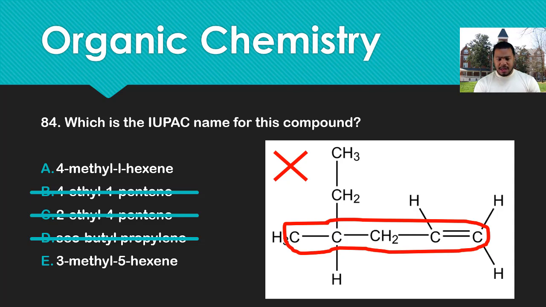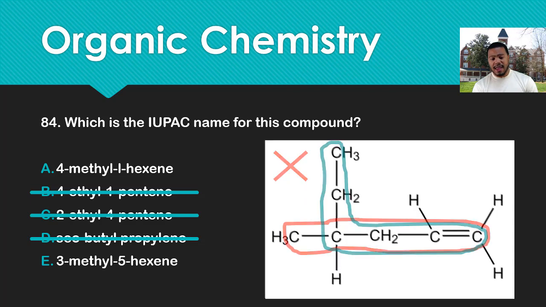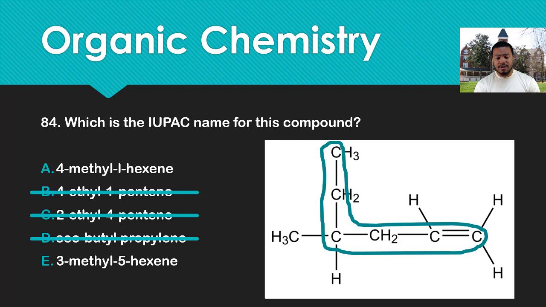Choices A and E tell us that there is a chain present that is longer than 5 carbons, and that chain would actually be this here. This represents your 6 carbon chain, which is what gives the name hex, and the ene is because of the double bond that's present. So you have a hexene.